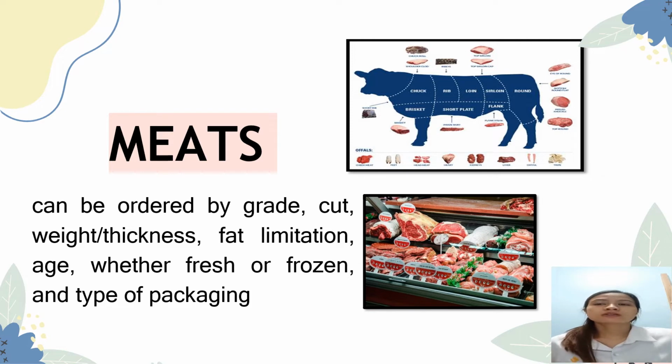So number 1 is meats. They can be ordered by grade, cut, weight, thickness, fat limitations, age, whether fresh or frozen, and type of packaging. For example, when we are going to cook ham, we need to buy specific parts and cuts for ham.